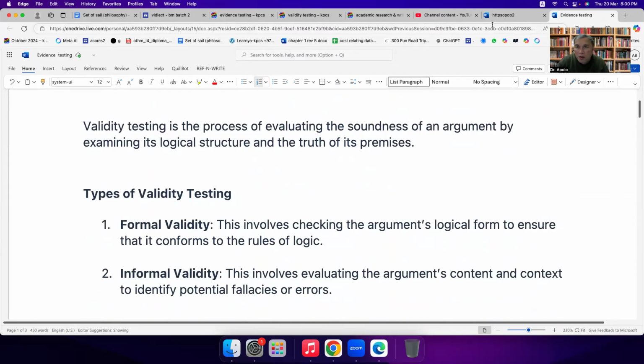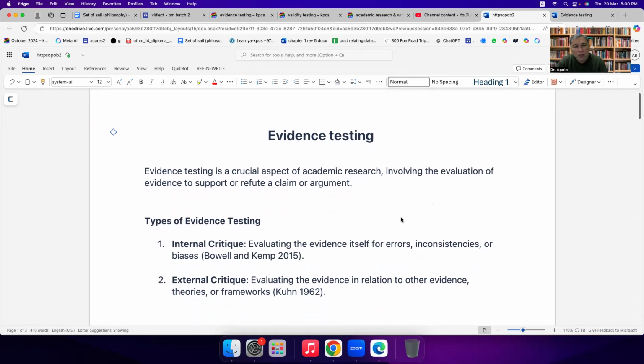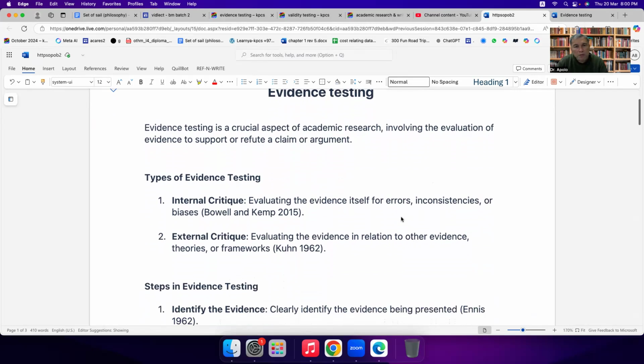Okay, let's talk about evidence testing. We have to weigh the evidence to support the belief or the claim. It is a crucial aspect of academic research, involving the evaluation of evidence to support or refute the claim of arguments. We have internal critic and external critic.